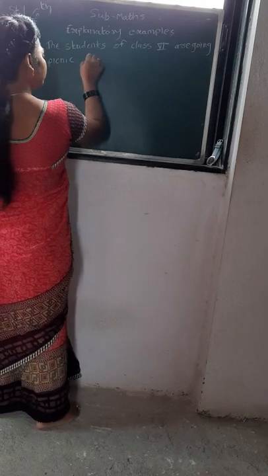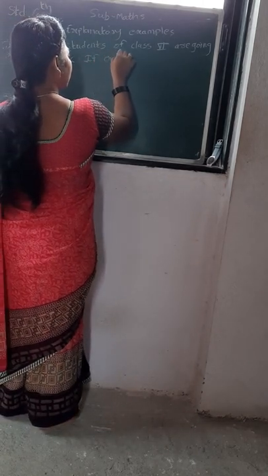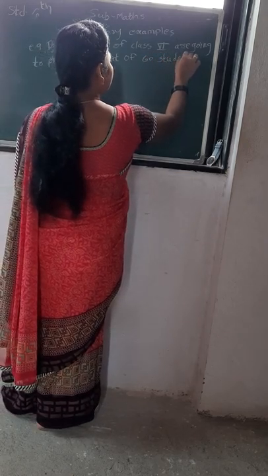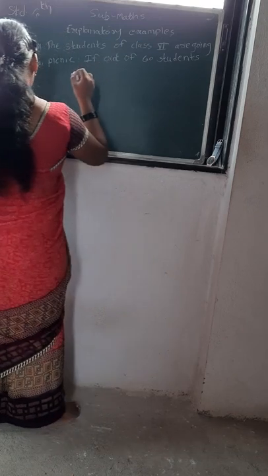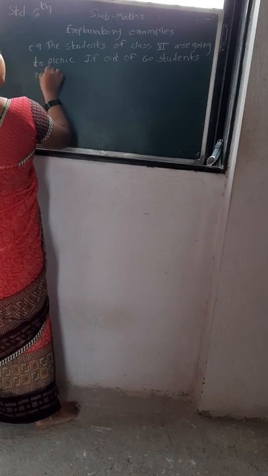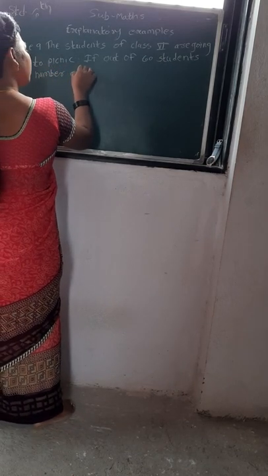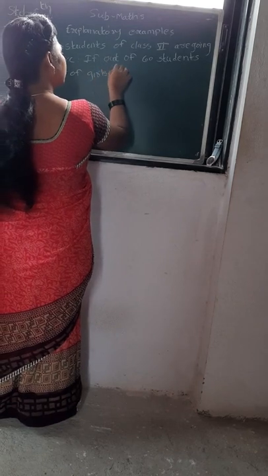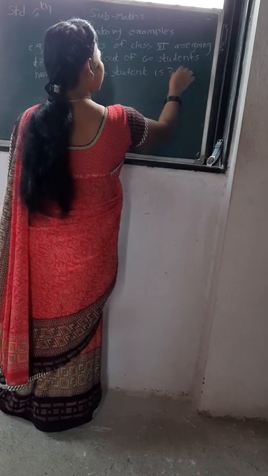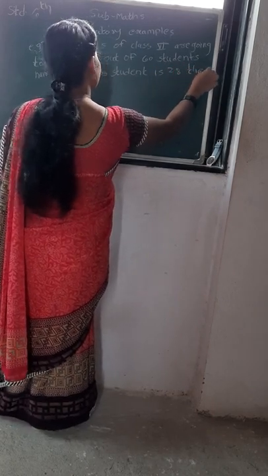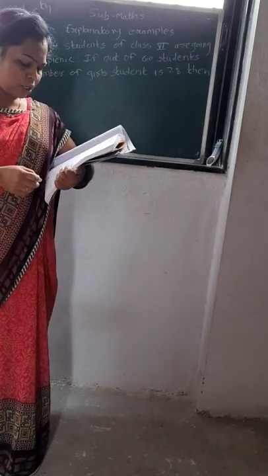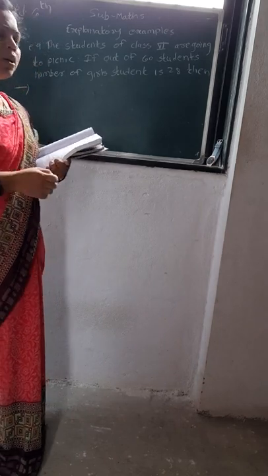Out of 60 students, the number of girl students is 28. Then we have some questions. Find the ratio of number of boys to the number of girls.